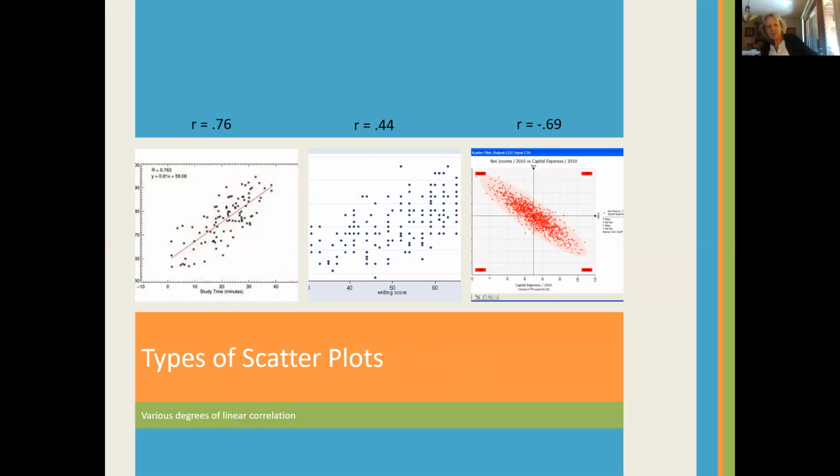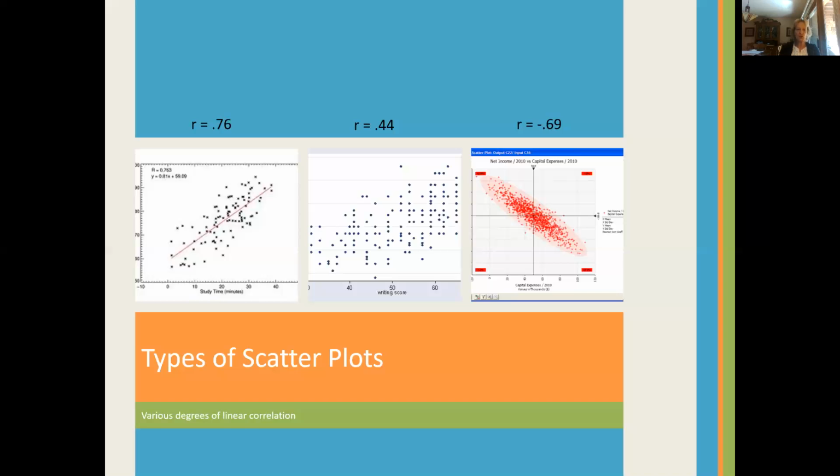So here's some more about scatter plots. There are various degrees of linear correlation, and once again, the correlation coefficient helps us look at how strongly positive or negative that correlation is. So again, the first graph on your left is a pretty strong positive correlation with an R of 0.76.